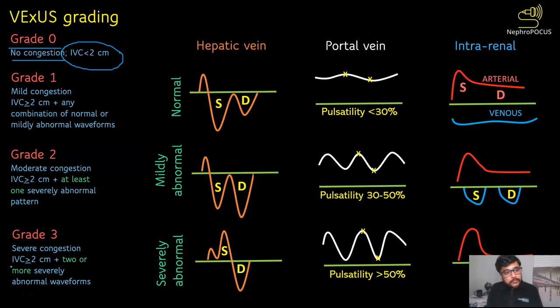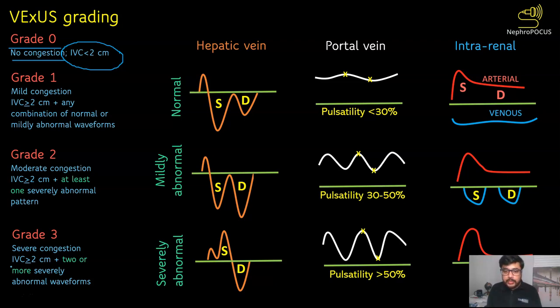And for grading purposes, each waveform is divided into normal, mildly abnormal, and severely abnormal. Hepatic vein is normal if the S wave is more than the D wave. If the S wave is less than the D wave, it's mildly abnormal. S reversal signifies a severely abnormal pattern. And in the portal vein, less than 30% pulsatility is normal, 30 to 50% pulsatility is mildly abnormal, and more than 50% pulsatility with or without flow reversal is severely abnormal.